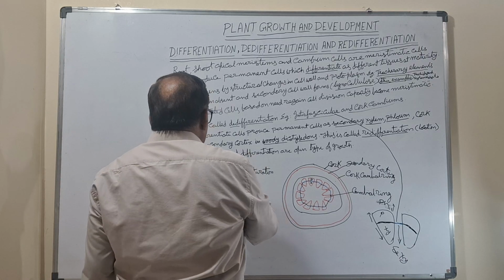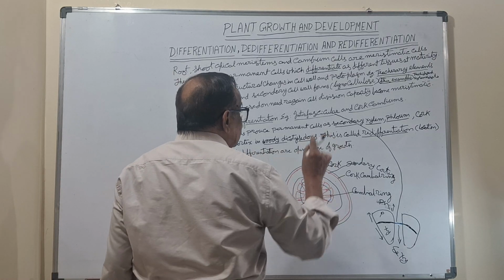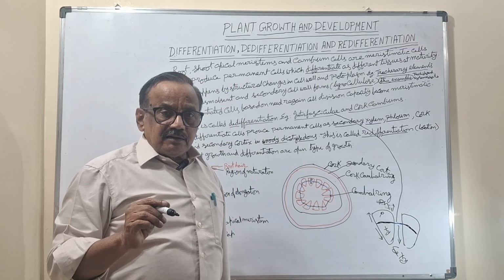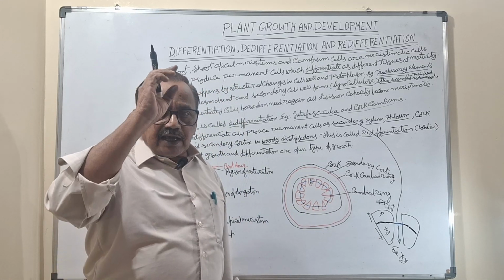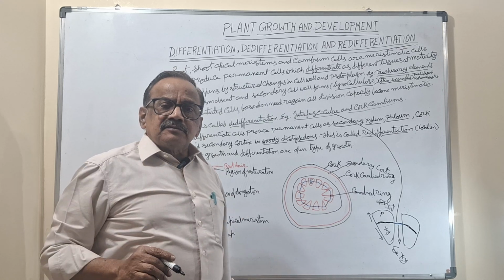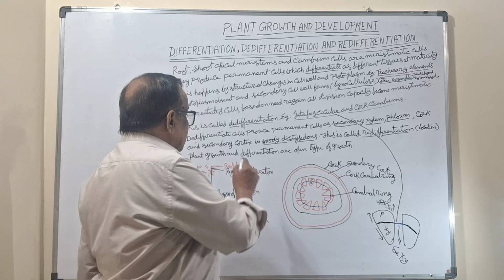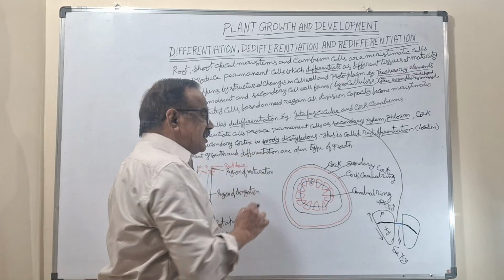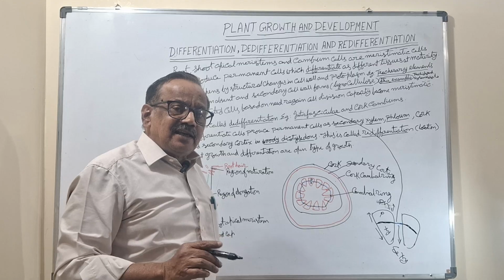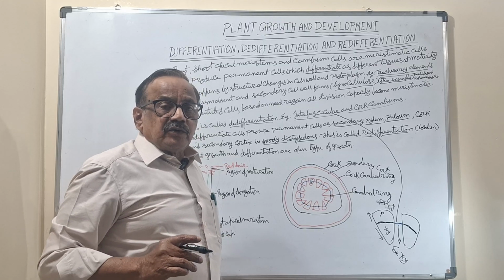Secondary growth takes place only in dicot plants. So dedifferentiation and redifferentiation can be seen in dicot woody plants.